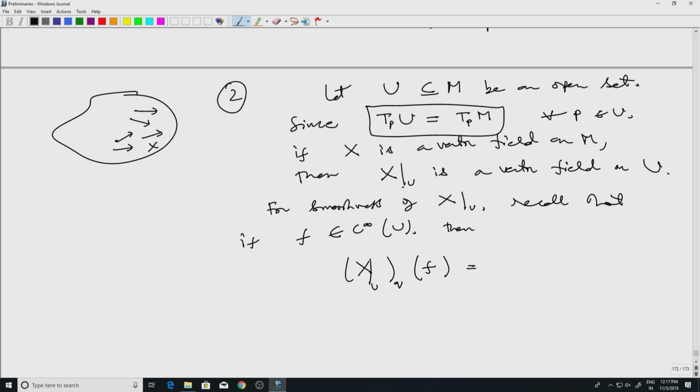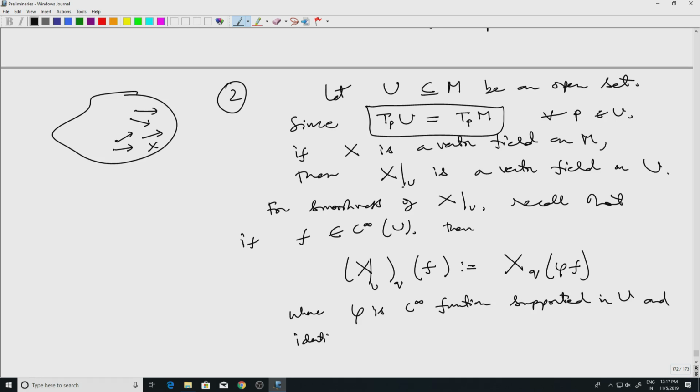So this was defined to be XQ of phi F, where phi is a C infinity function supported in U and identically equal to 1 in a neighborhood of the point Q.